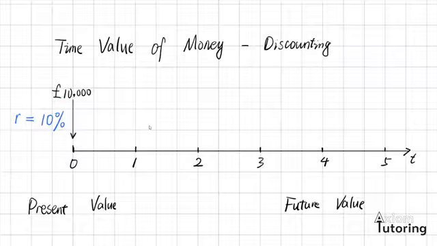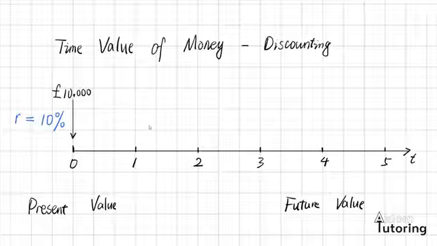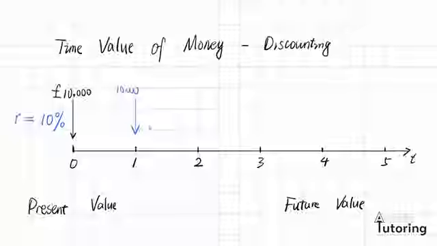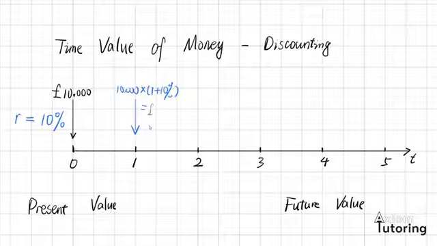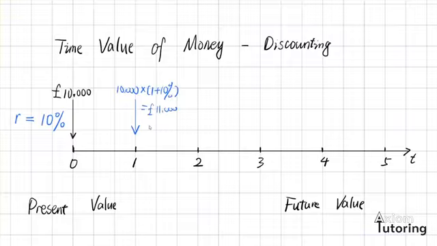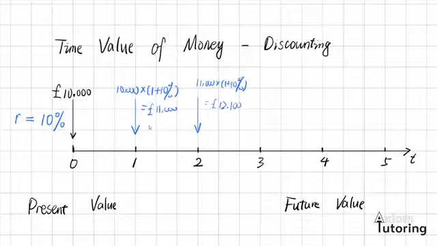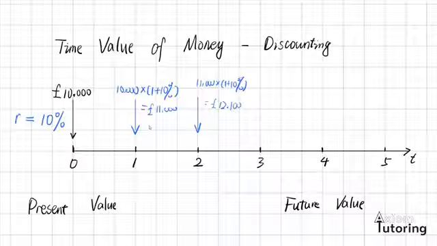We'll show this. If I save it for 1 year, in 1 year's time, what do I have? I have 10,000 times 1 plus 10%, which gives me £11,000. What if I save it for another year, to year 2? Then I have 11,000 times 1 plus 10%, which gives me £12,100. So we're earning interest on the previous interest that we have earned.